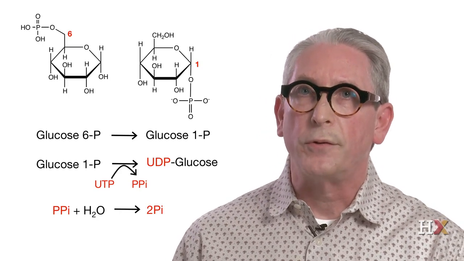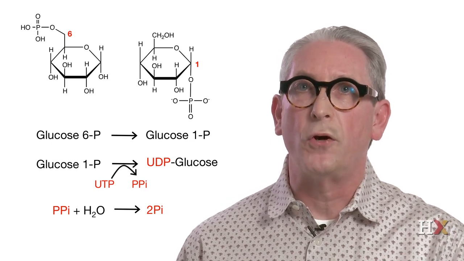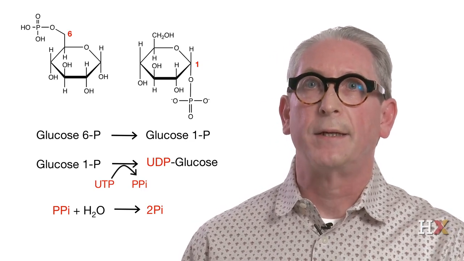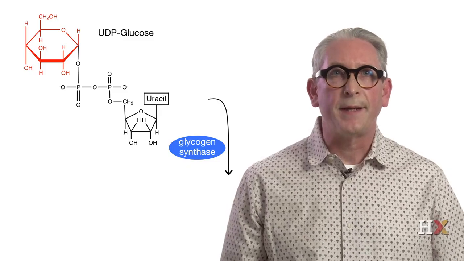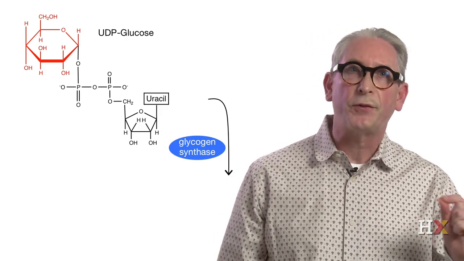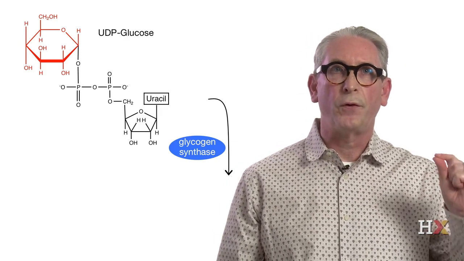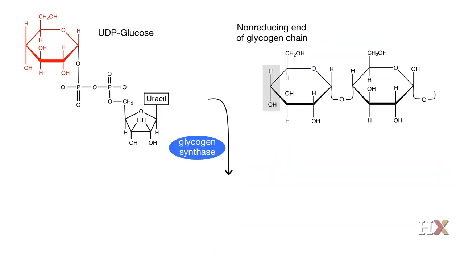In UDP glucose, the molecule of glucose is activated, and UDP glucose will act as a donor of glucose unit. So an enzyme called glycogen synthetase will catalyze the transfer of a glucose unit from UDP glucose to the non-reducing end of a glycogen chain.